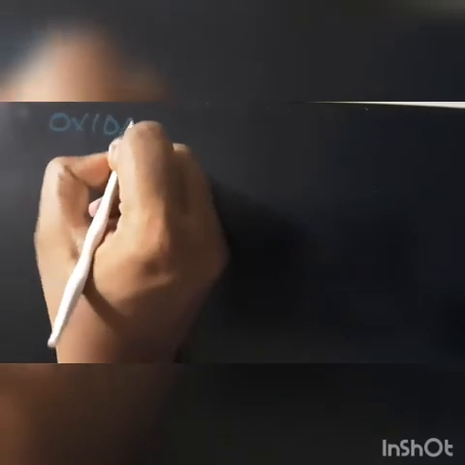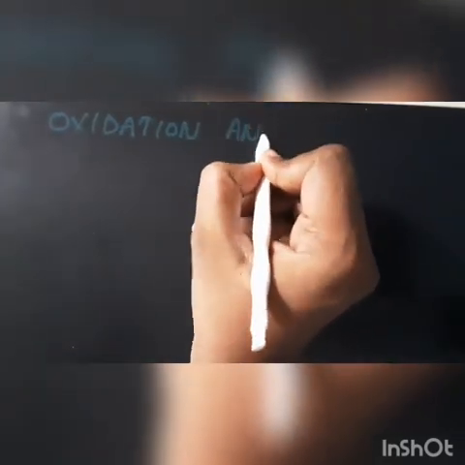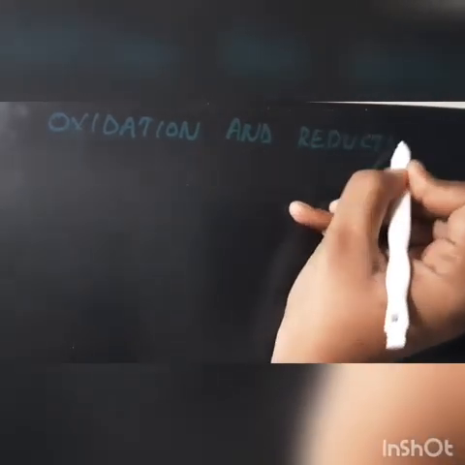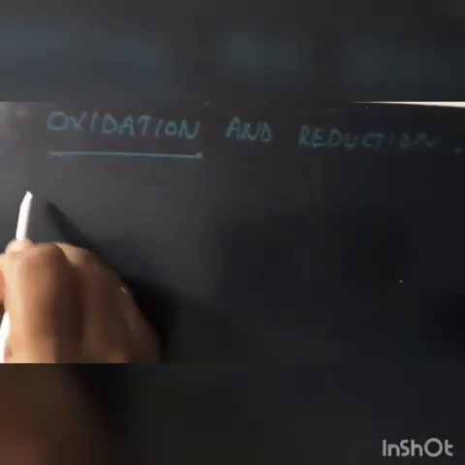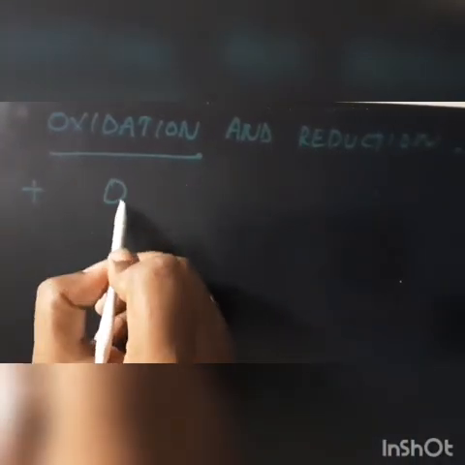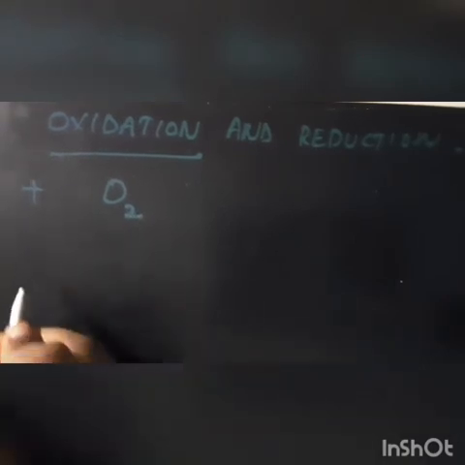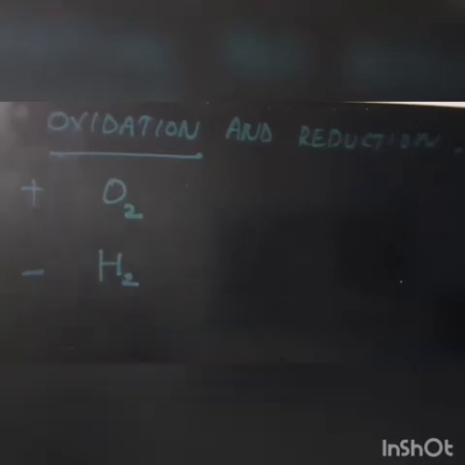Now last is the oxidation and reduction. What do you mean by oxidation and reduction? Oxidation means it's the addition of oxygen to a substance or removal of hydrogen from a substance.